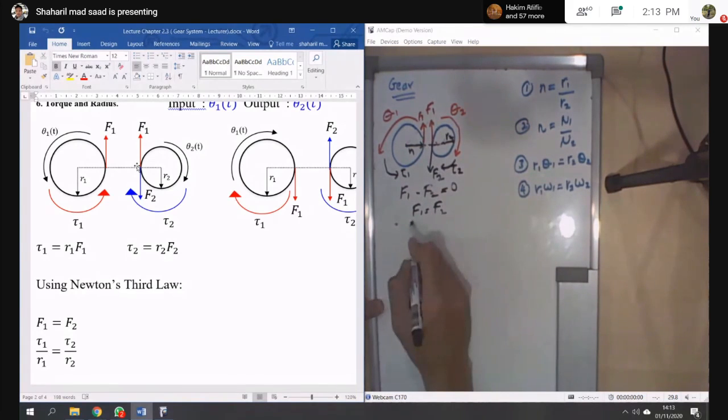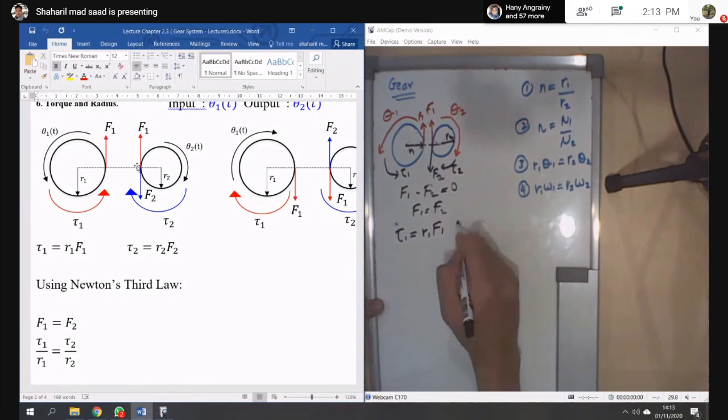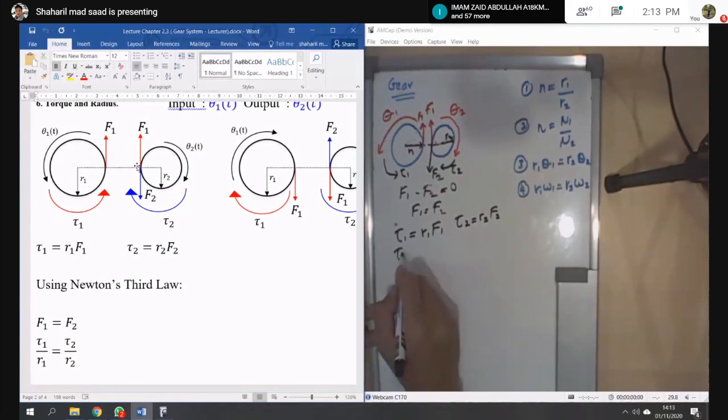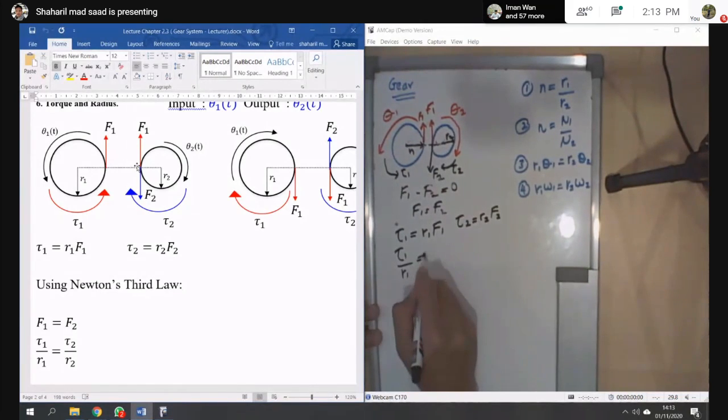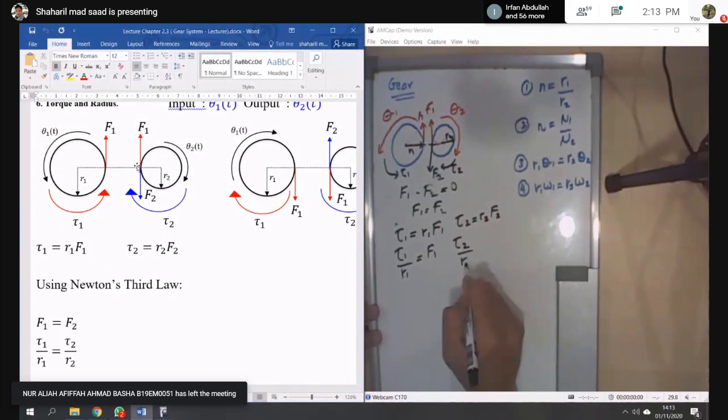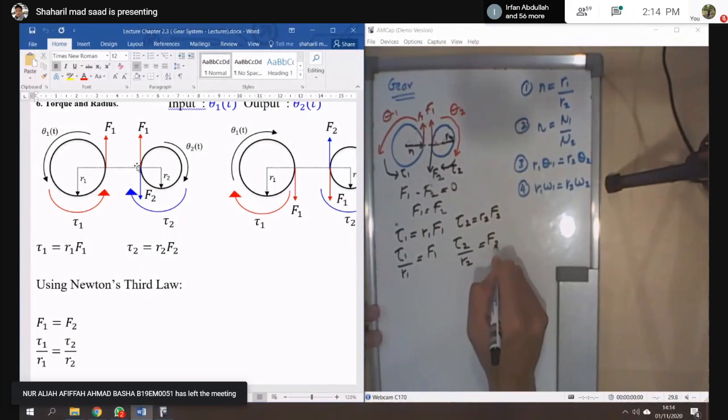So torque tau 1 is equal to R1 times F1, and tau 2 is R2 times F2. So tau 1 over R1 you get F1, tau 2 over R2 you get F2.